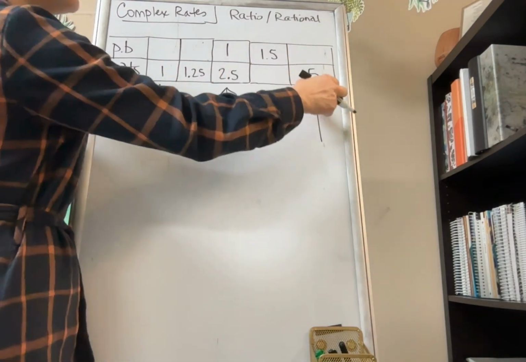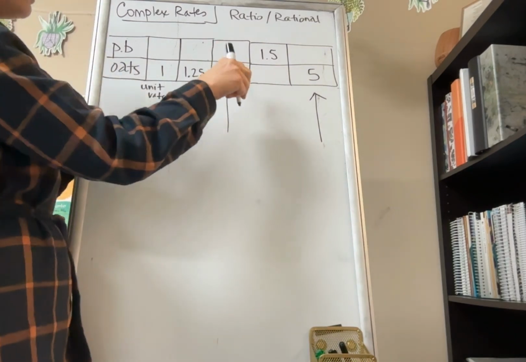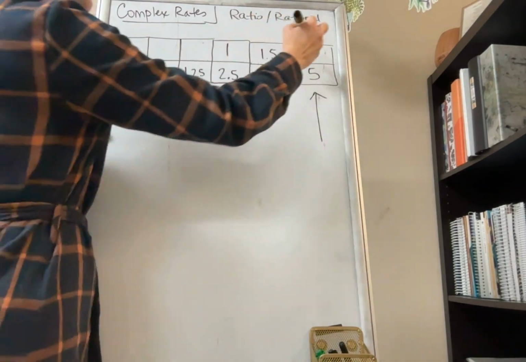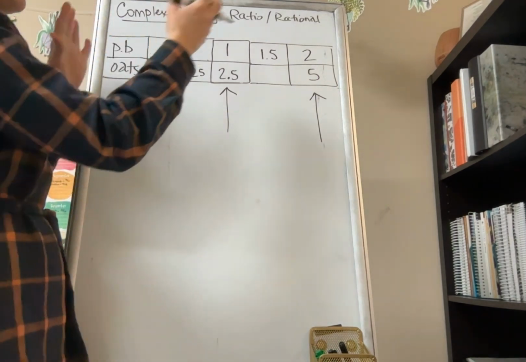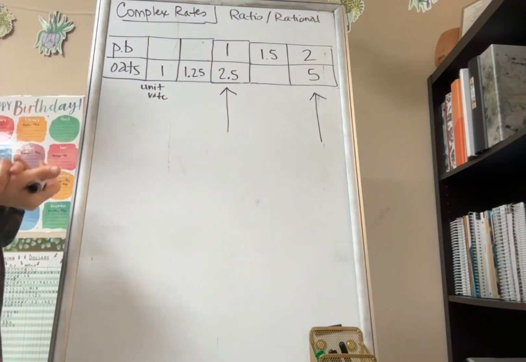So this column doubled makes this last column. So that means if I double the oats, I need to double the peanut butter. Okay? So I very quickly filled out one column.